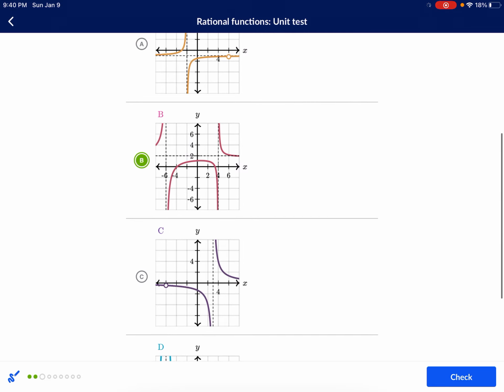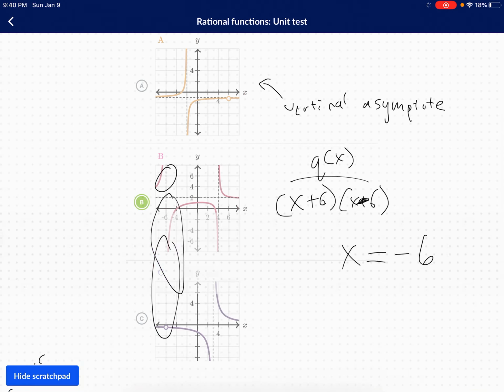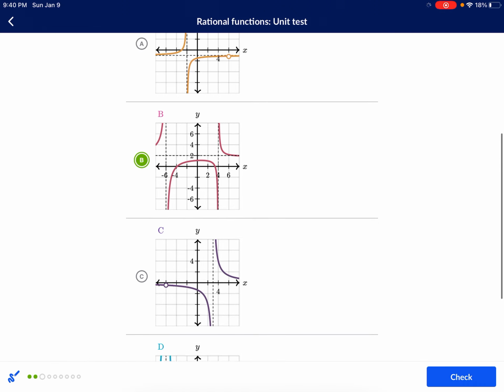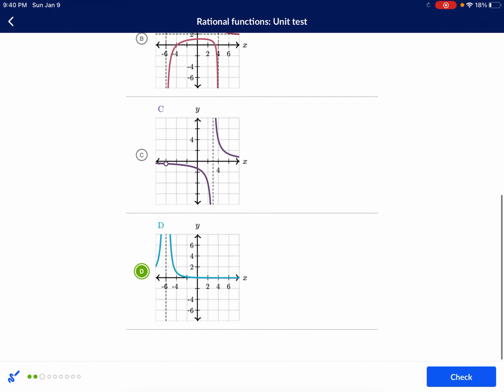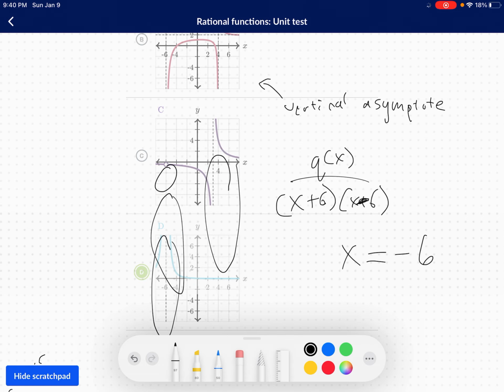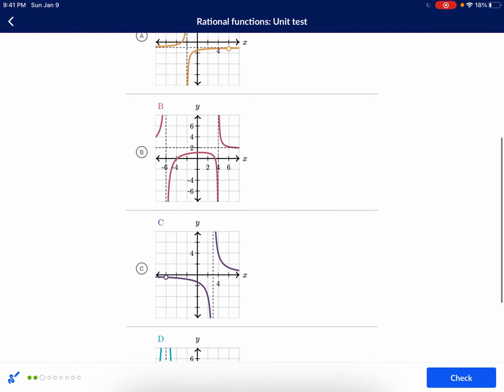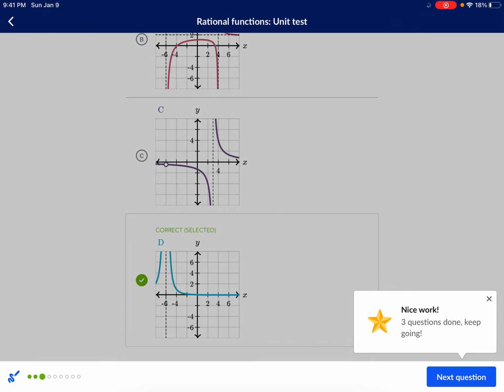Let me think about this. Oh, wait. But there's also a vertical asymptote at 4. So it's not B. It's only negative 6, nothing else. Because if it was B, then it's x plus 6, x minus 4, and we only see x plus 6. So it has to be D. Nice.